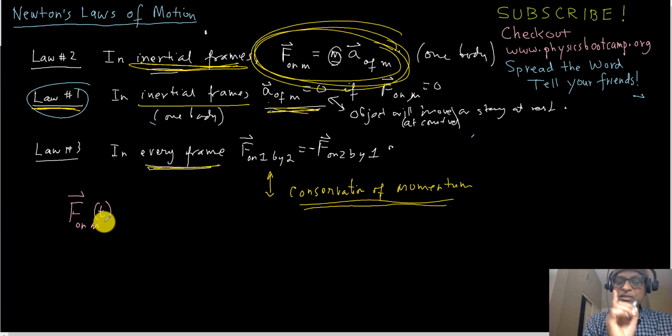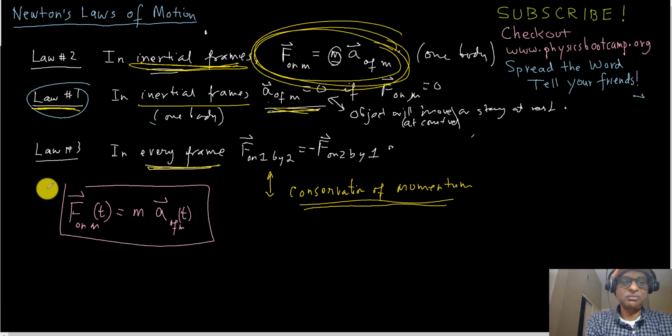So at that instant it equals mass times A of M at that instant. So we pick an instant, we draw the forces, we try to find the vector sum of the forces, and then find an equation like that.